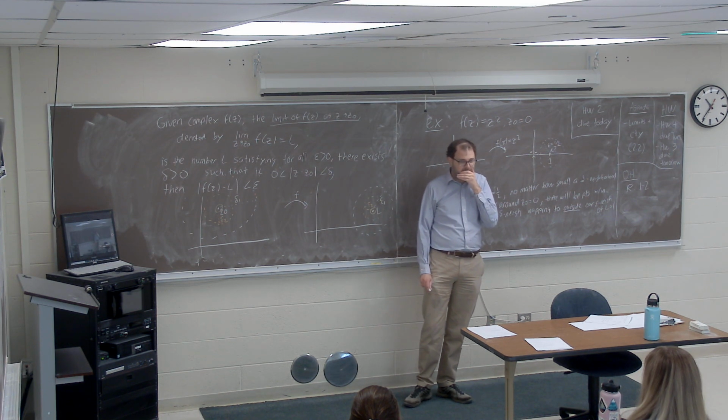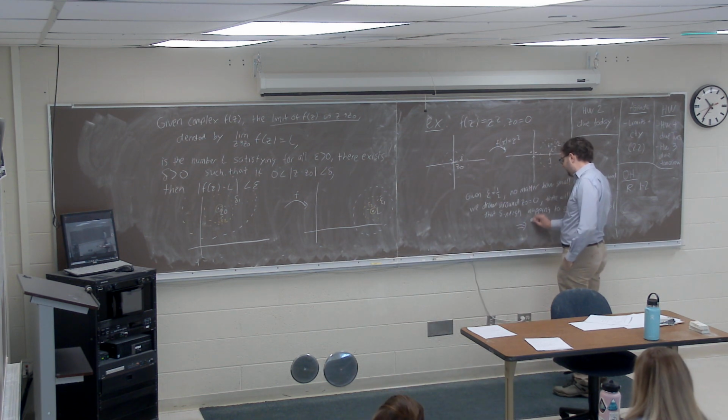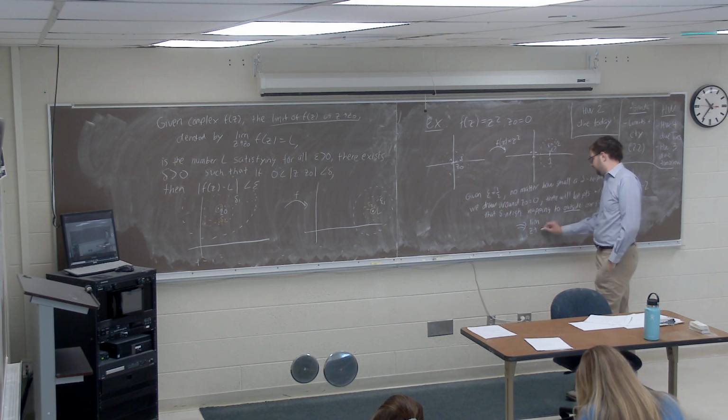F of z doesn't converge to 1. Yeah. In other words, we can say that the limit as z approaches 0 of our function f of z can't possibly be equal to 1.